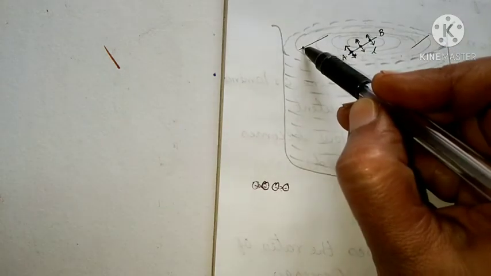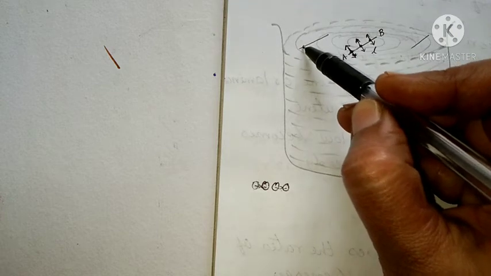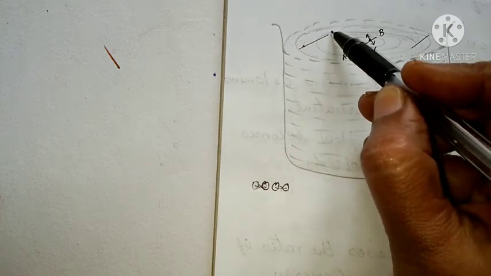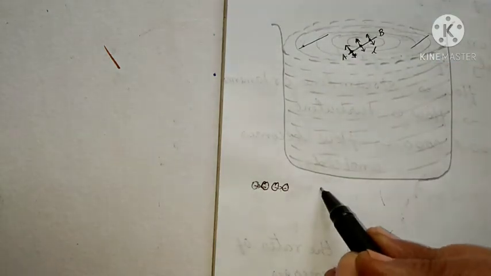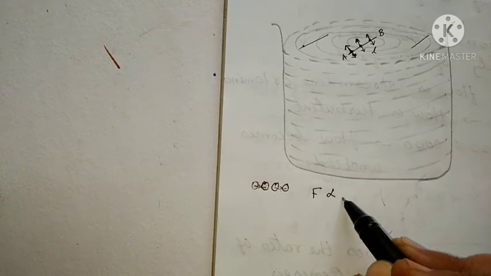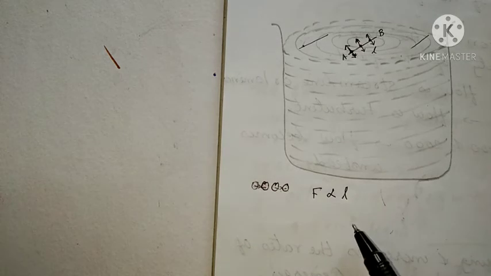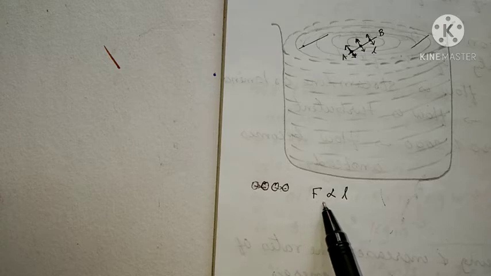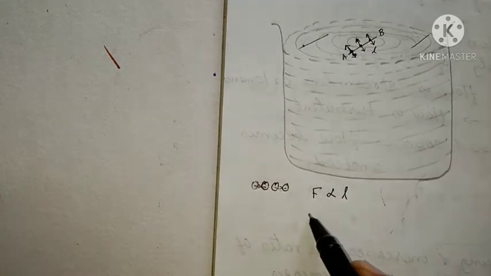The forces are acting perpendicular to this line, and their direction is tangential to this liquid surface. So we can write that the force acting on the molecules is directly proportional to the length of the liquid line. If you take a unit length, then the force acting is proportional to that line. So we can take the proportionality sign.